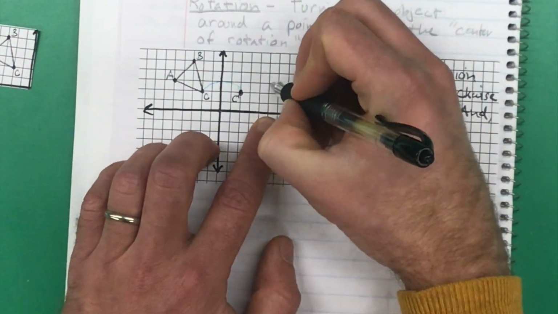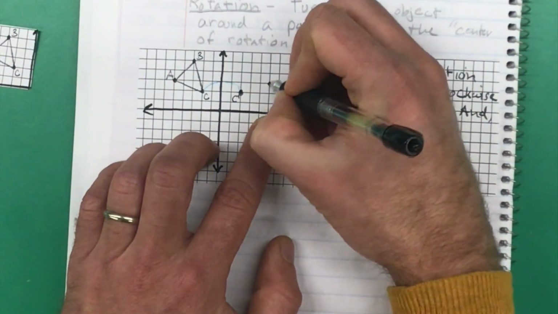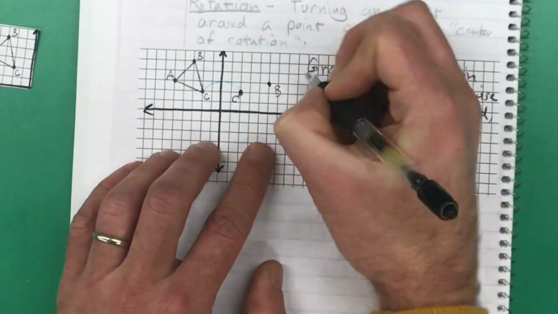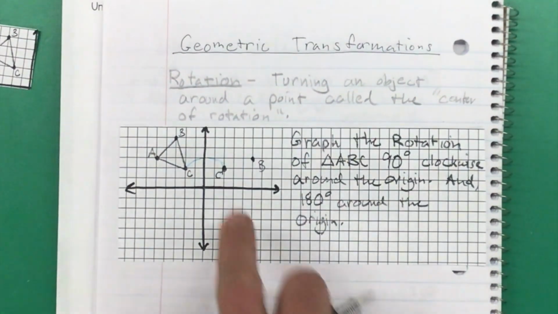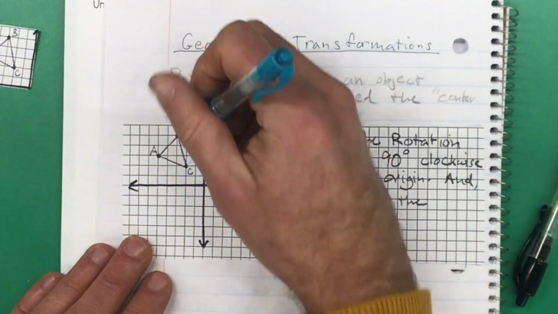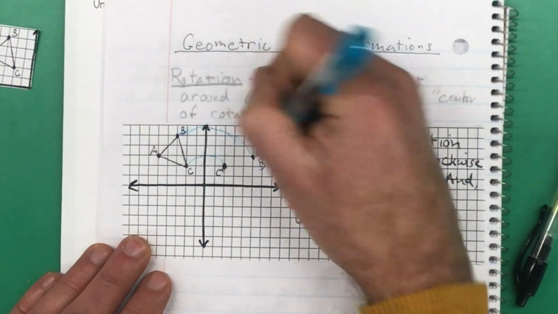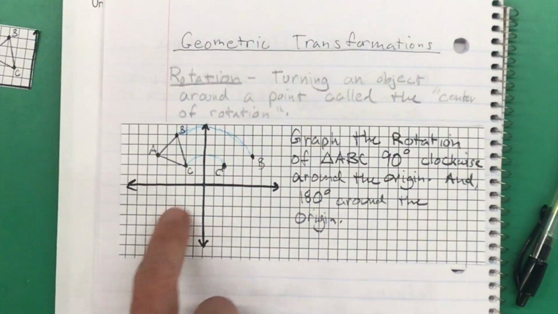So the new B is going to be right here. +5, +3. So that's our new B right there. We can kind of see how that works. If we were to kind of draw our circle going around, it takes that same arc to get our new B.